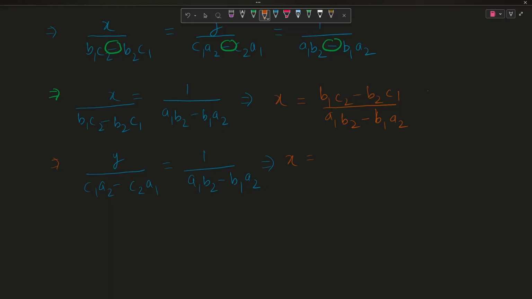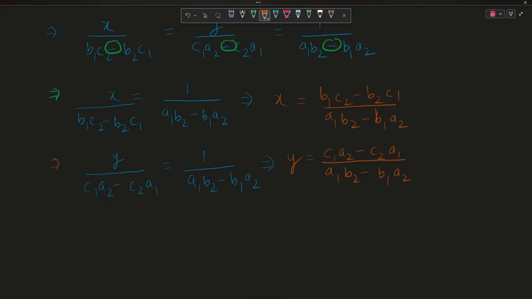This method is very efficient as well as useful for solving higher variable problems, or to take the ratio of variables when the number of variables is more than 2. Continuing with this, we can say c1 a2 minus c2 a1 upon a1 b2 minus b1 a2 will be the value of y.